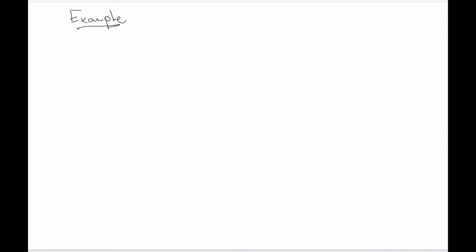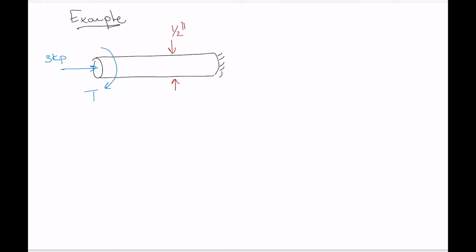In this example, we're going to have a rod that is fixed to a wall, and it's going to have a diameter of 1/2 inch, and it will be subjected to an axial compressive load of 3 kip and some torque T. Now this is going to be a 304 stainless rod to be loaded as shown.